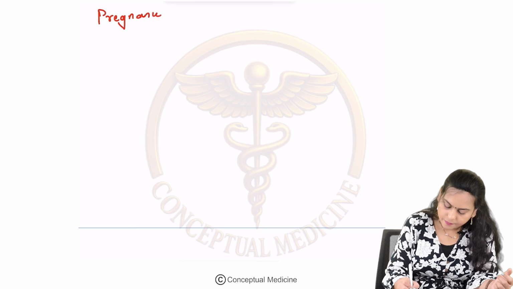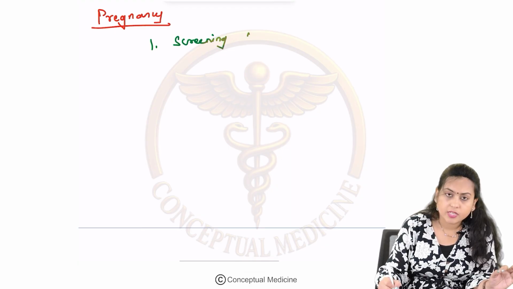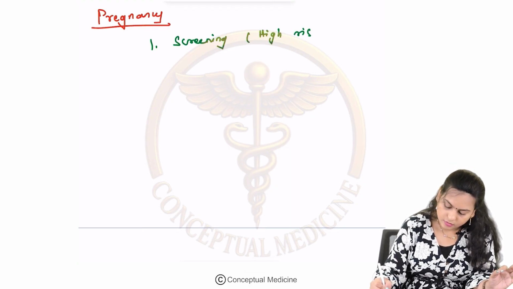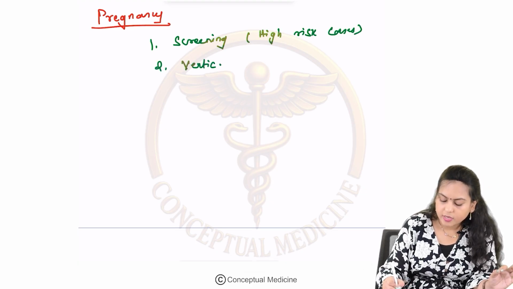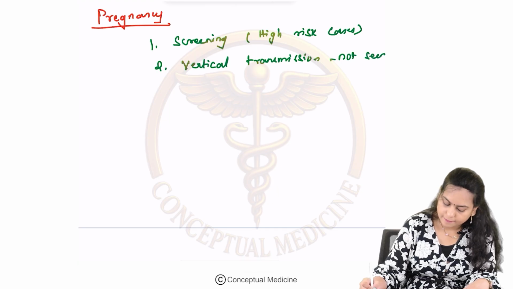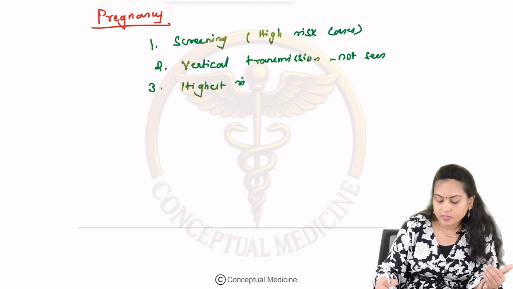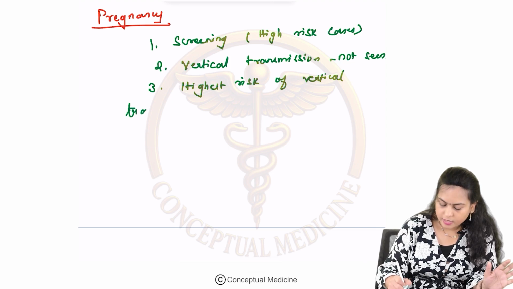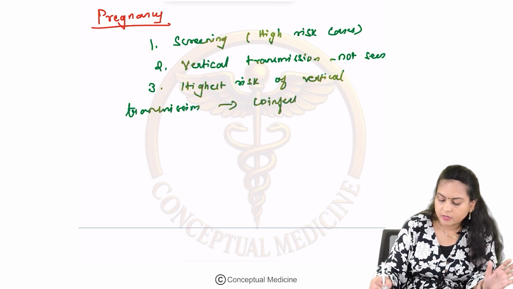So, in pregnancy, there is a need of screening, especially in high risk cases. Usually, vertical transmission in hepatitis C doesn't occur. So, vertical transmission not seen, and highest risk of vertical transmission can be there, okay, when it is co-infected with HIV.